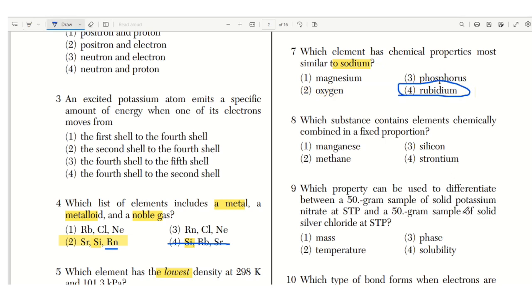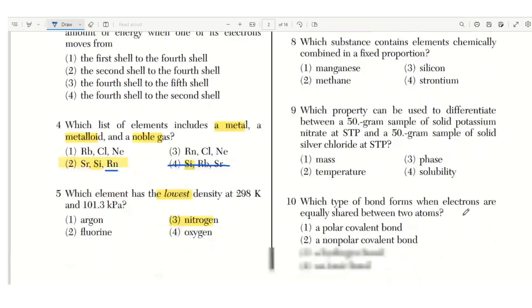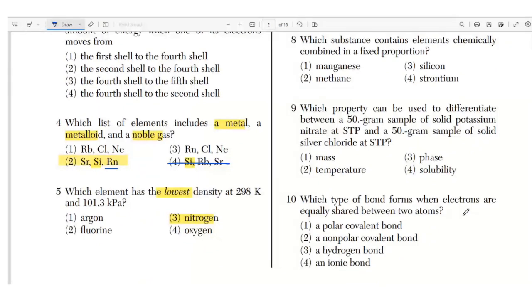Which substance contains elements chemically combined in a fixed proportion? Well, if they're chemically combined, that identifies a compound. So let's look. Element, element, element. Again, one of these things is not like the others. There's the compound.